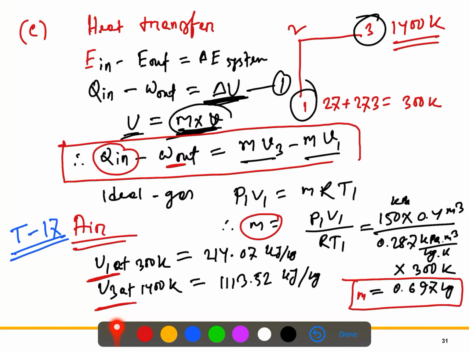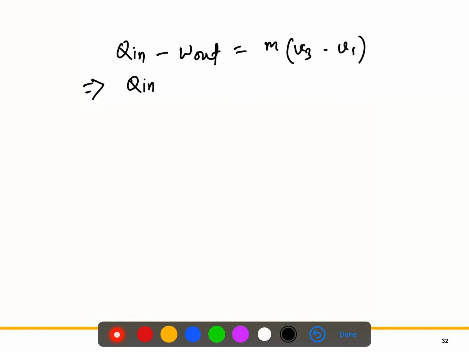So now we need to substitute all of these values, and then we will get the total heat transfer. So what we can write here is Q in minus work out equals m times (U3 minus U1). So this is our ultimate target, the heat transfer, we will calculate that.